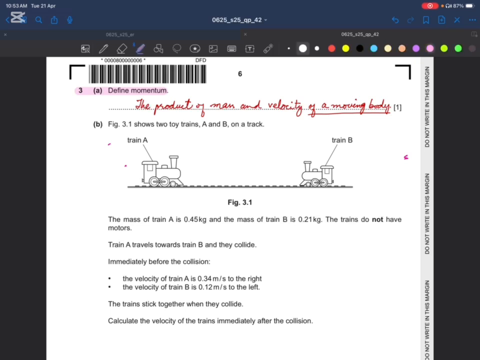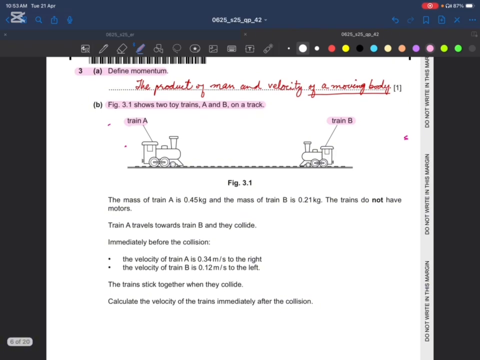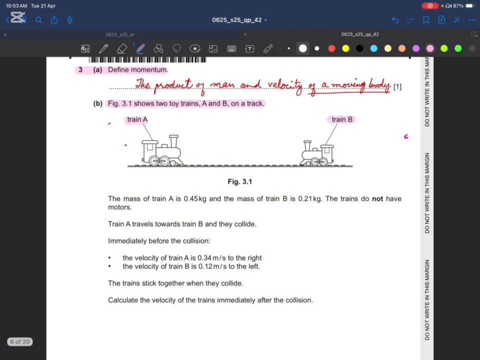Then over here, figure 3.1 shows two toy trains A and B on a track. Here you have train A, here you have train B, and as you can see, they are moving in opposite directions. The mass of train A is this much kg, so you can write MA, and the mass of train B is 0.21 kg, so you can write MB.